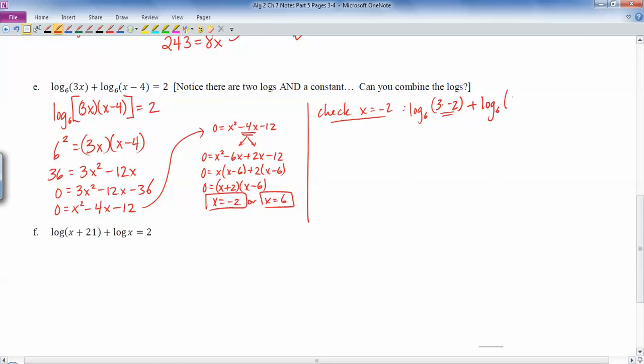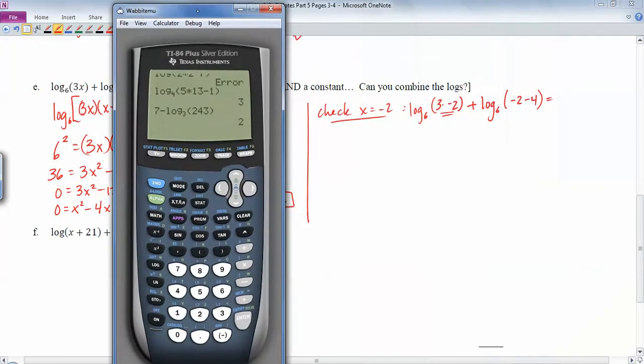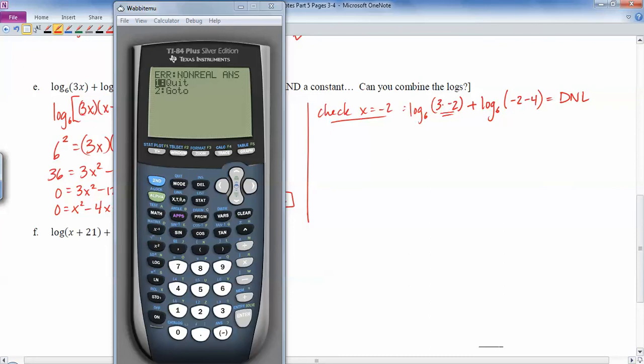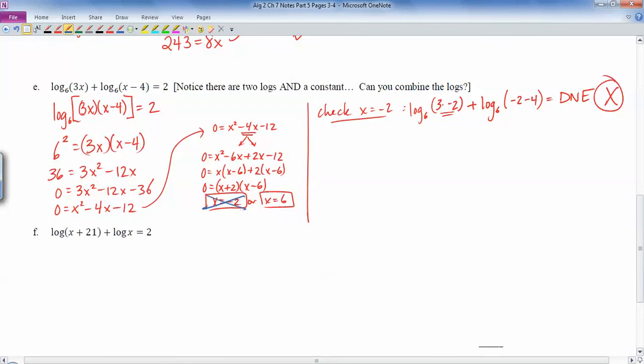Let's see, that's going to be negative 2 minus 4. And so the goal is that should equal 2, but it turns out it won't. Because if we plug this in, we've got log base 6 of 3 times negative 2, and then plus log base 6 of negative 2 minus 4, and we get a non-real number again. So it does not exist, and therefore we get a problem with negative 2, so I'm going to come over here and cross off the negative 2.